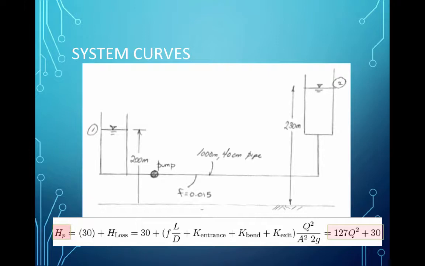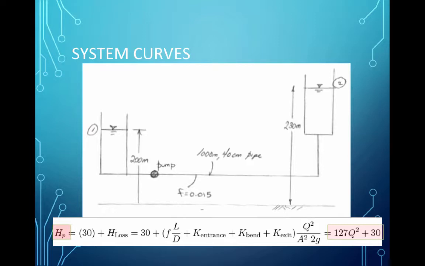So we have pool elevation 200 meters on the left, 230 meters on the right. We have a pump here. We have a pipeline that's 1,000 meters long, 40 centimeters in diameter. We're told the friction factor is 0.015.